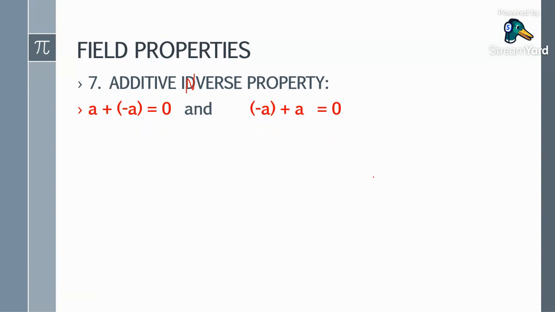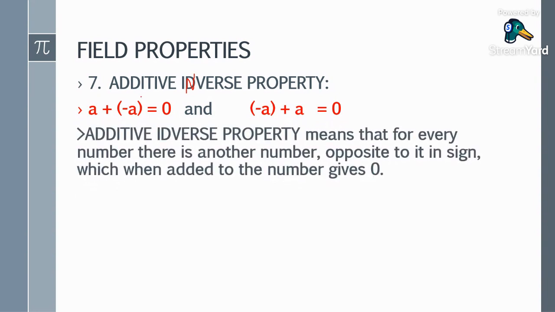A plus negative A is equal to 0, and negative A plus A is equal to 0. The additive inverse property means that for every number, there's another number opposite to it in sign, which when added to the number gives 0. So for example, 2 plus negative 2 is equal to 0, and negative 2 plus 2 is equal to 0.